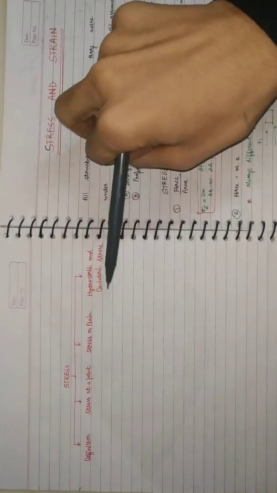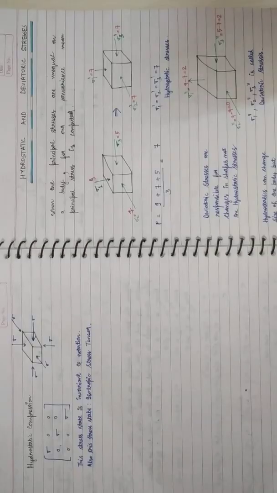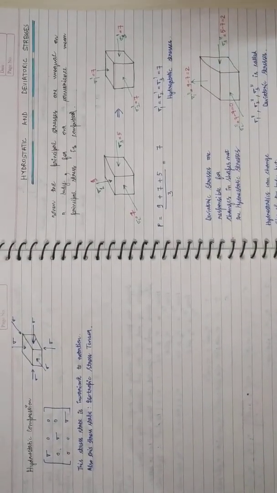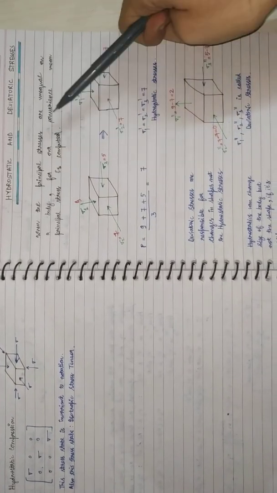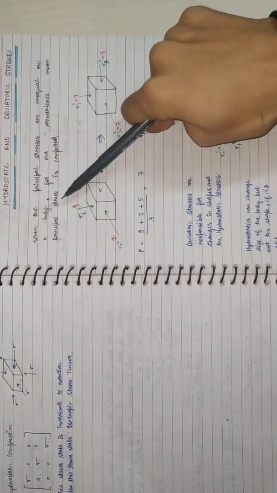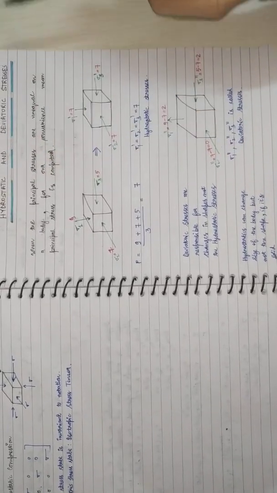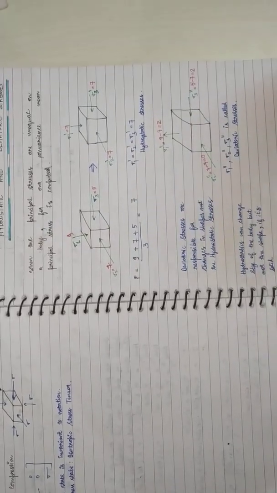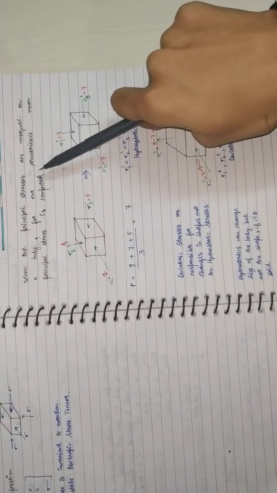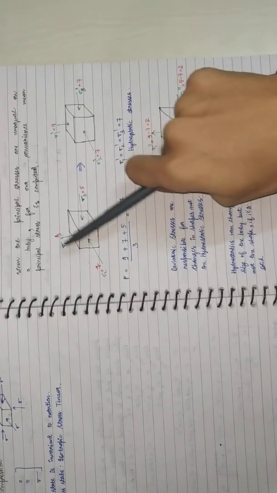And finally we move to hydrostatic and deviatoric stress, right? When the principal stresses are unequal on a body, for our convenience, mean principal stress is computed. For example, this is the body and sigma 1, sigma 2 and sigma 3 are 9, 7 and 5.